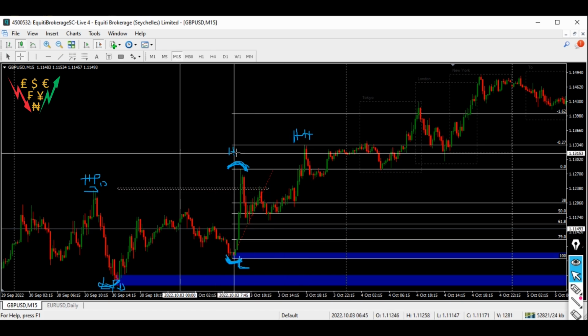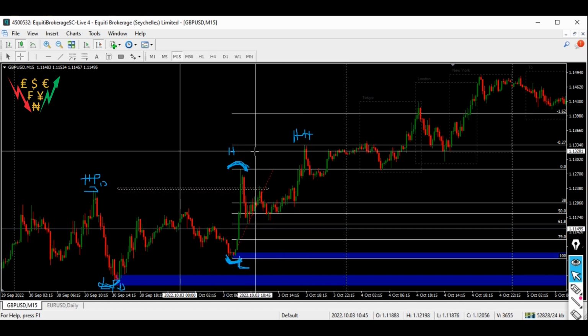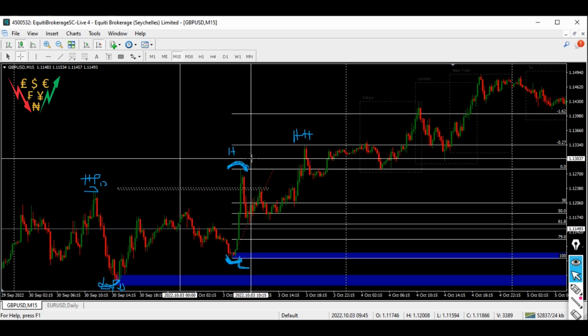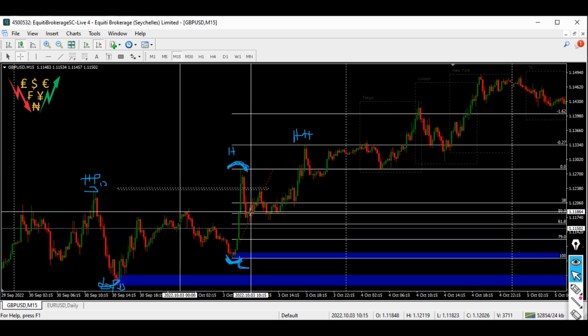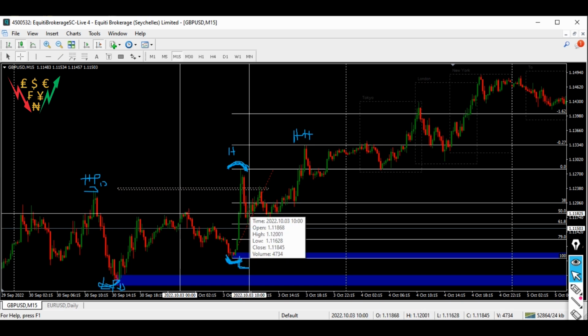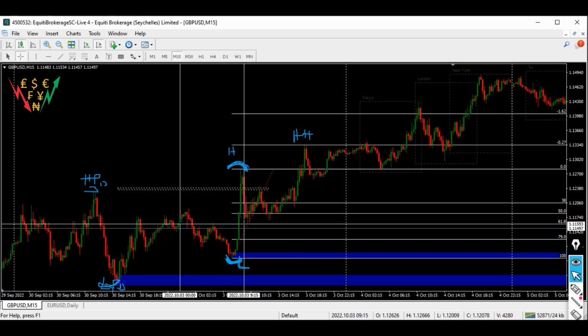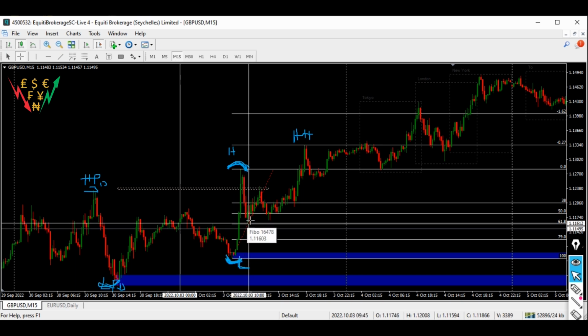Okay. Now within this time, let's see how this market performed. All right. Now, if you look here, right here, the London session starts here. This is 10 a.m. And before 10 a.m., you can see price rejecting from the 61.8 fib level, all right, which leaves us at this point.